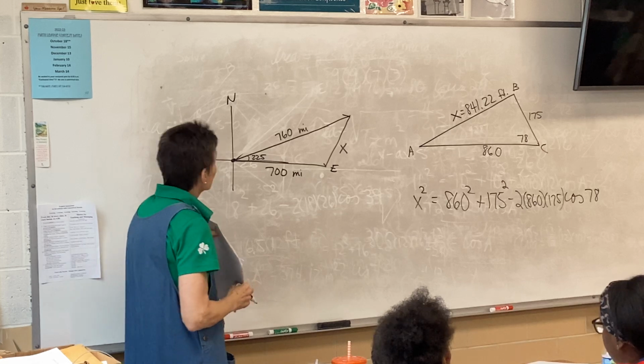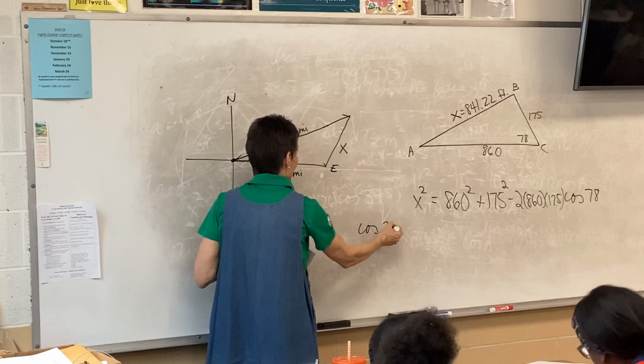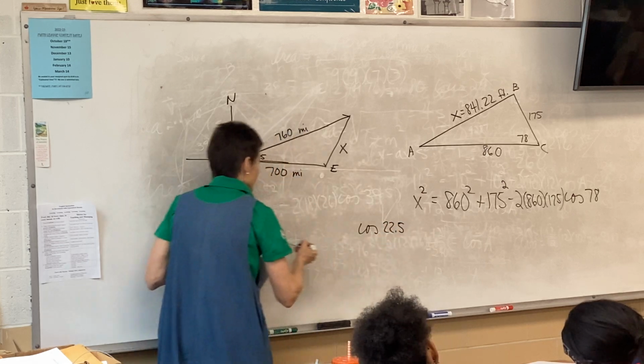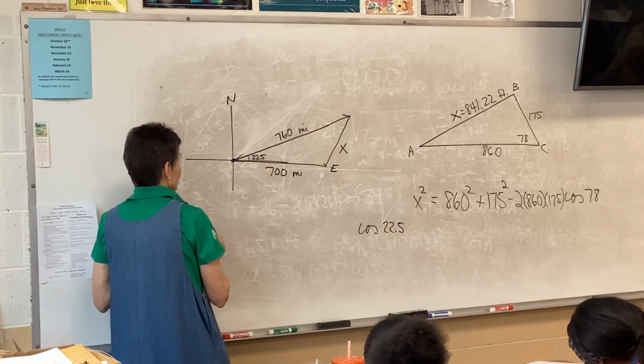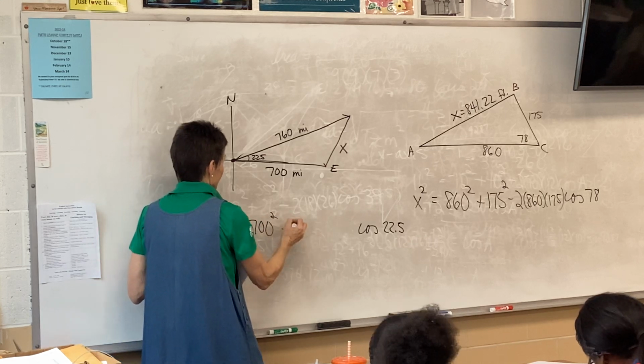Okay. Law of cosines again. Your angle is gonna be 22.5. X squared equals 760 squared plus 700 squared, and so on.